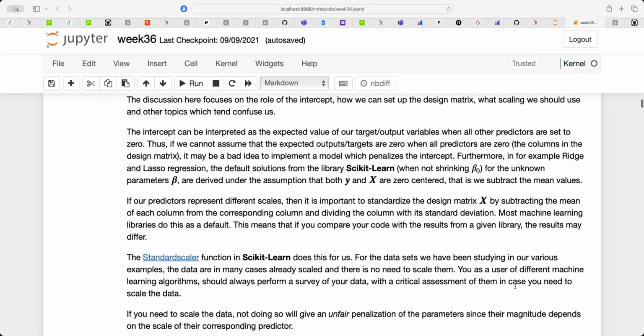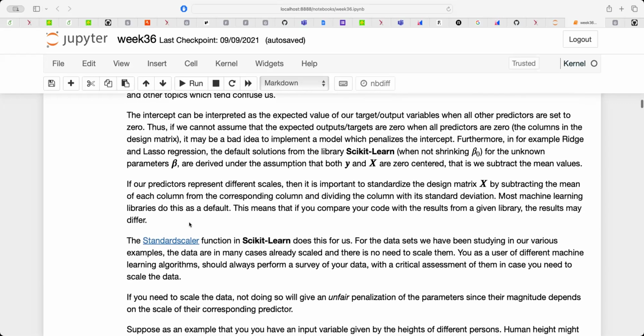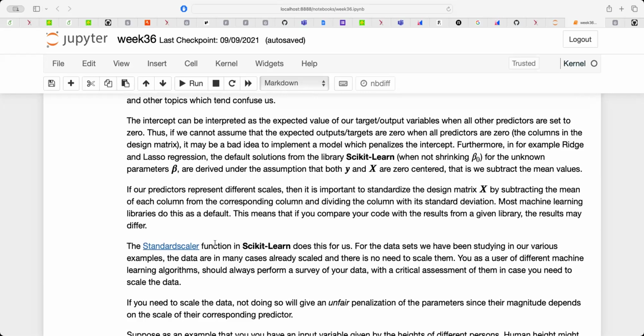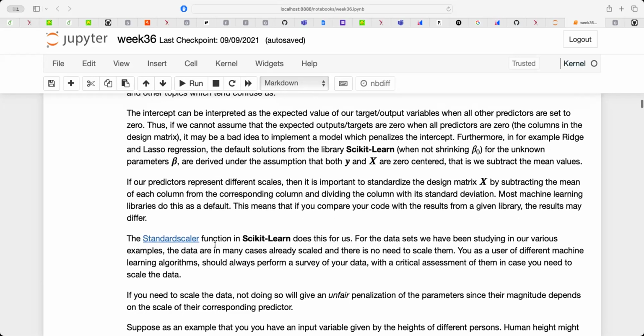So you will see things like the standard scaler, which is a function whose name is a little bit misleading, because what it does is subtract the mean value for each column and then divide also by the standard deviation. But normally you don't have the variance, and if you don't have the variance, you set the value to 1.